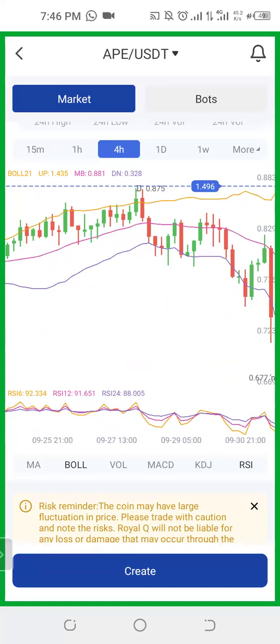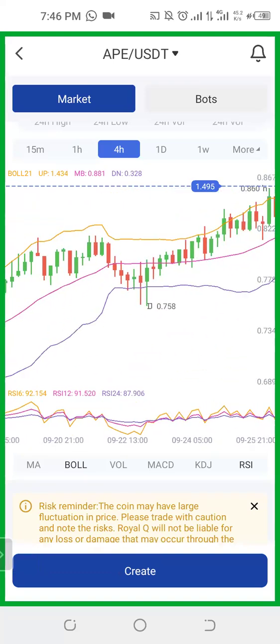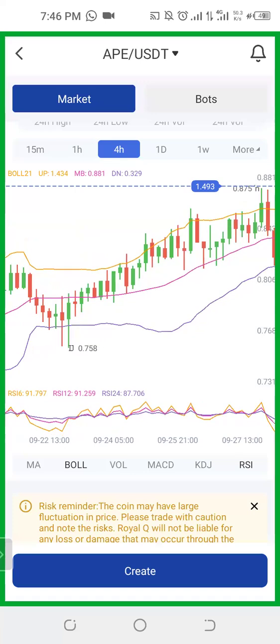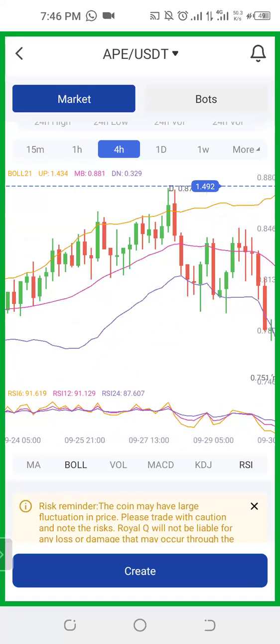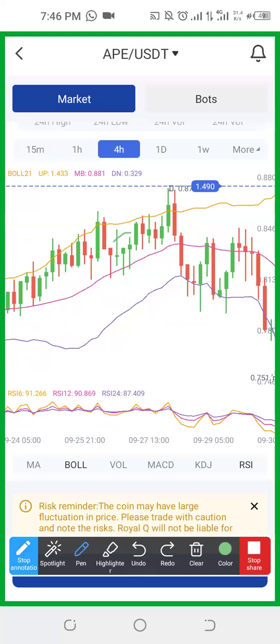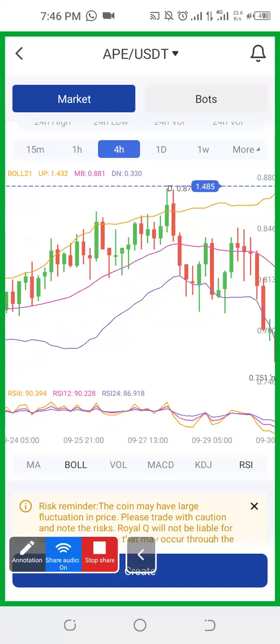Let's look for another one. This one looks like it, but no, this is not a hammer. This is the kind of hammer we are looking for. See, this is the real hammer, the one I circled here.